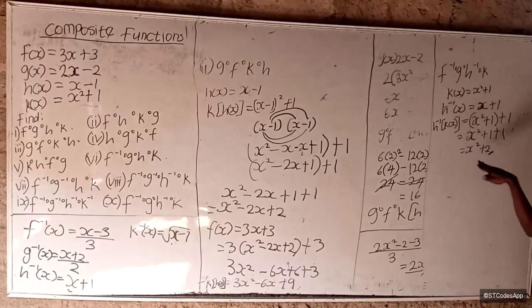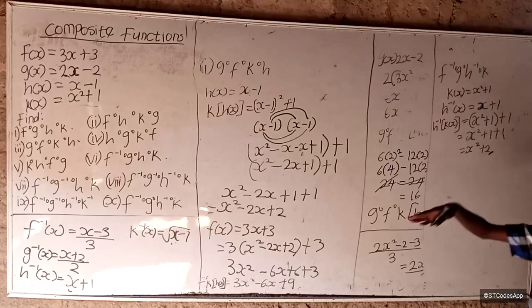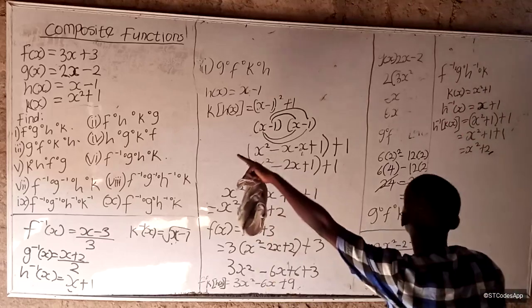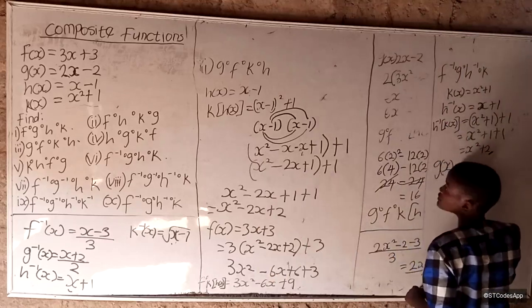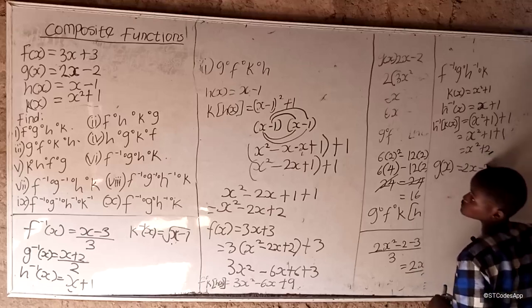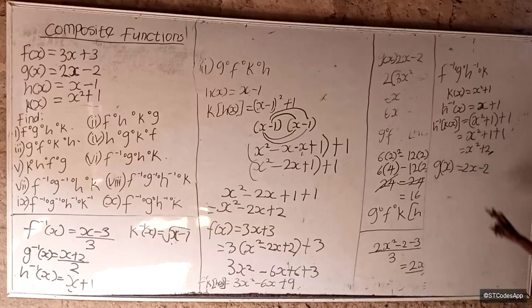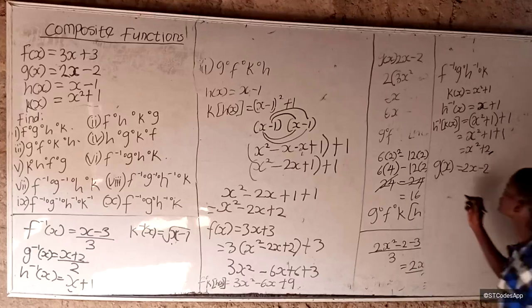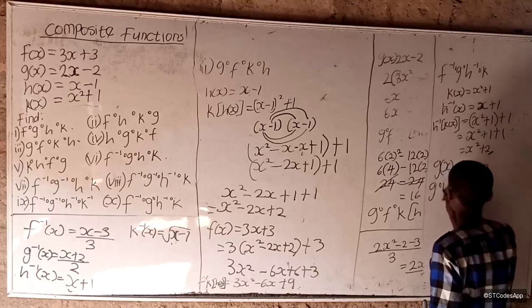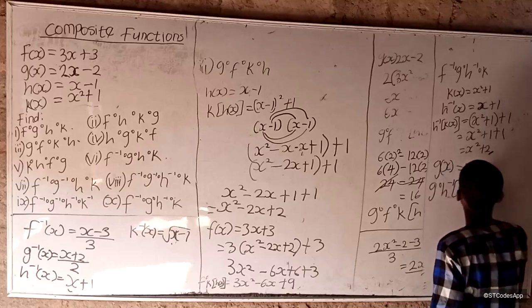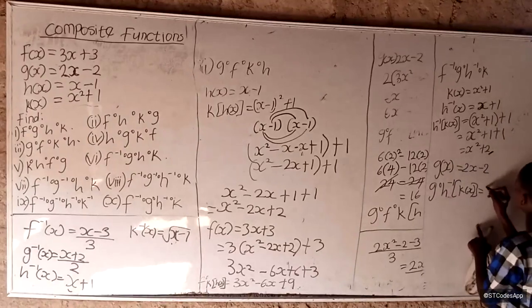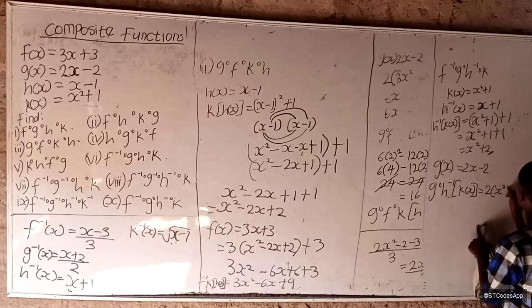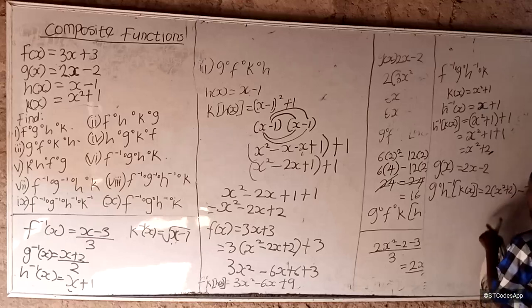We're also going to plug this value into our g of x. Our g of x there equals 2x minus 2. So we input this as the value of our x here to give us g of h inverse of k of x equals 2 into bracket x squared plus 2 minus this 2 here.